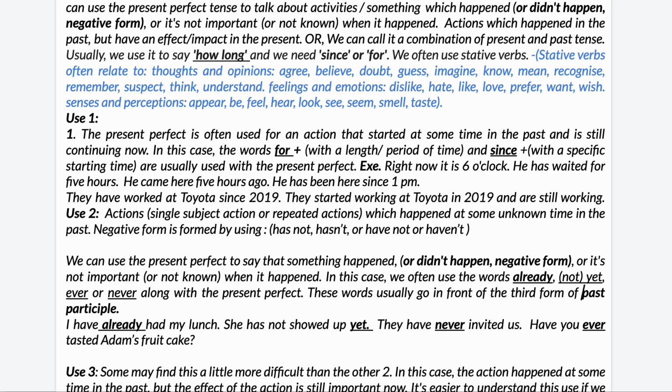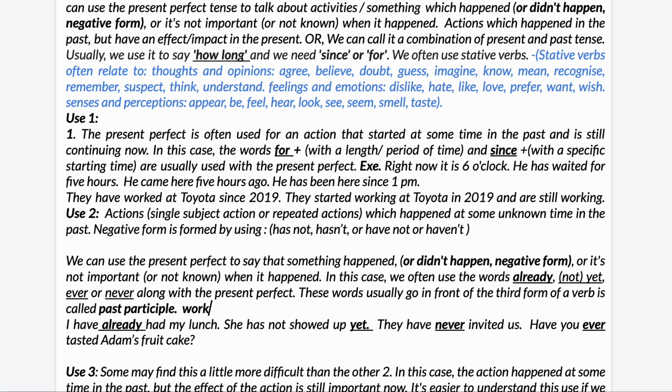For example, you say work. The second form is worked, used for past tense, and the past participle is the form of the verb that we use with present perfect and past perfect. We'll talk about that later on.